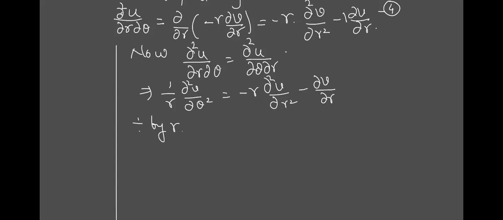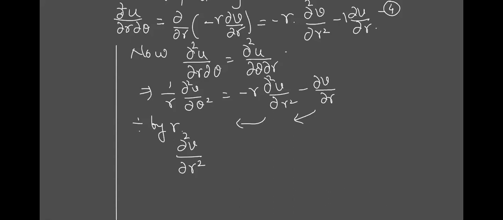How to get rid of r? I'll divide by r and shift the terms here. So if I divide by r, this r will be cancelled, and this minus quantity, if I shift, what will we get? Plus ∂²v/∂r² you will get.